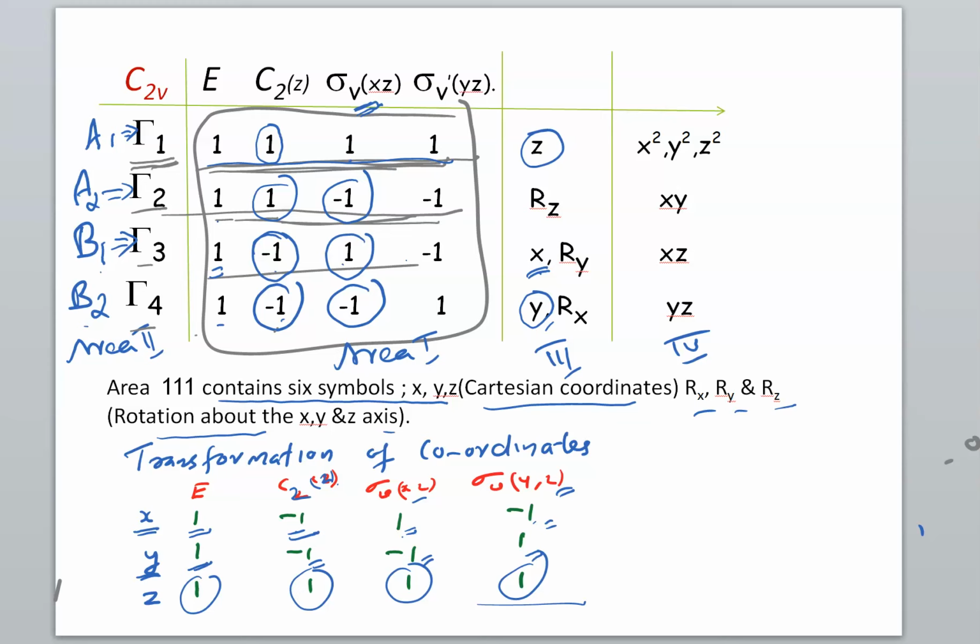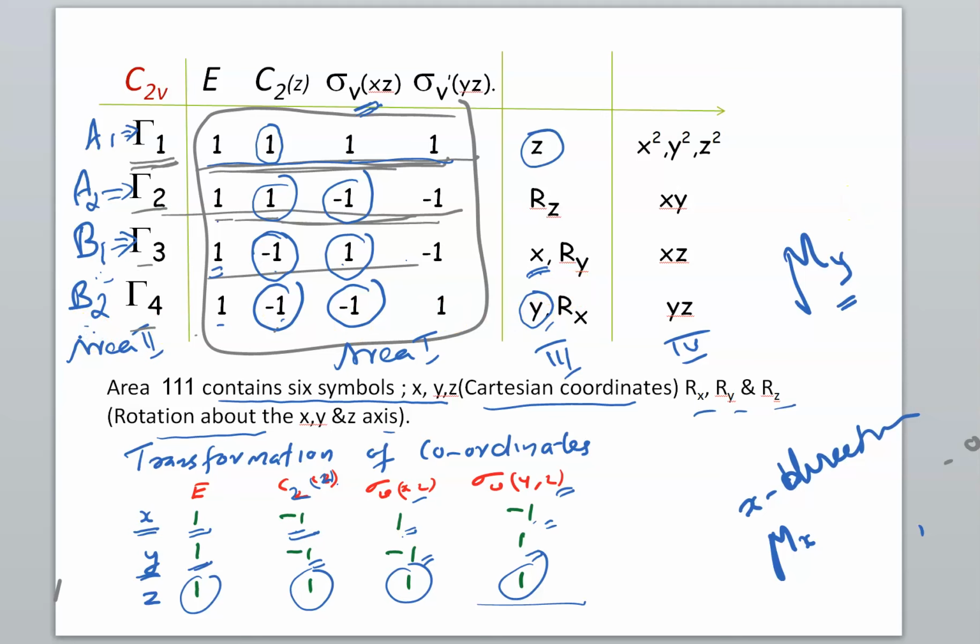Any vector in the x direction transforms as B1, thus translational motion in the x direction, and the component of the dipole moment, that is mu x, also transforms as B1, and mu y, the component of the dipole moment operator, transforms as B2.